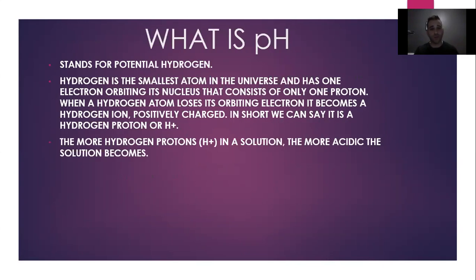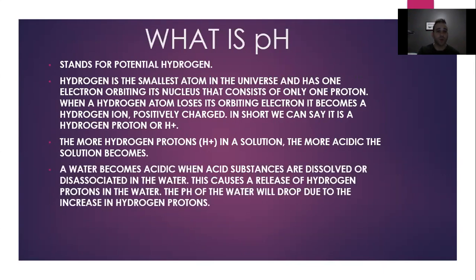The more hydrogen protons, H+, in a solution, the more acidic the solution becomes. A water becomes acidic when acid substances are dissolved or dissociated in the water. This causes a release of hydrogen protons in the water. The pH of the water will drop due to the increase in hydrogen protons.